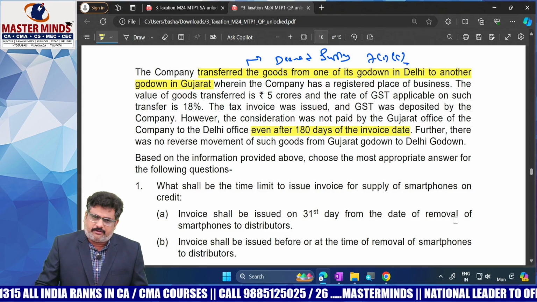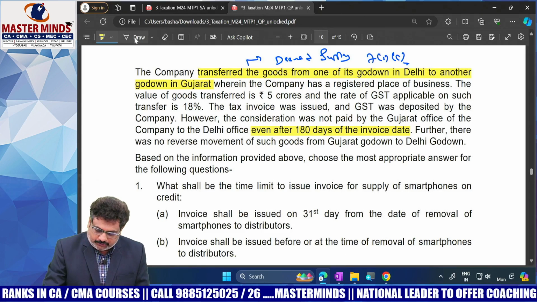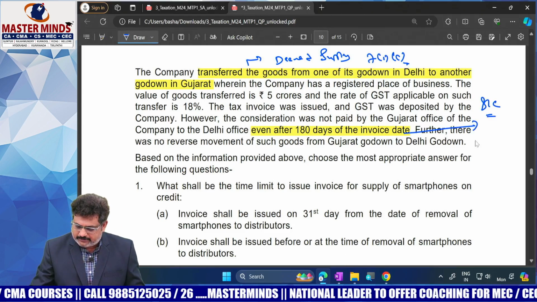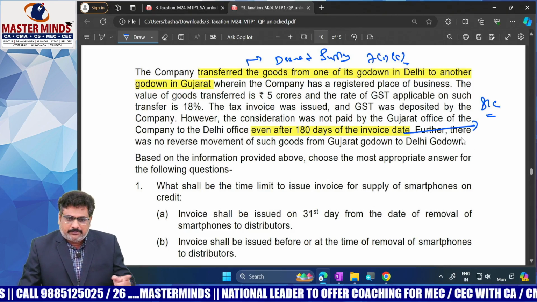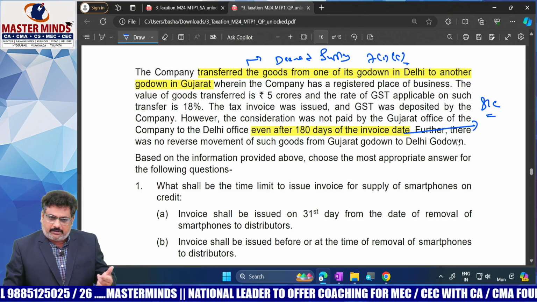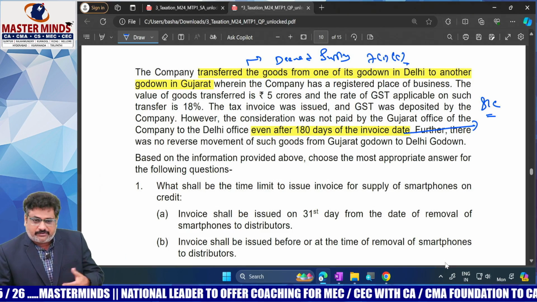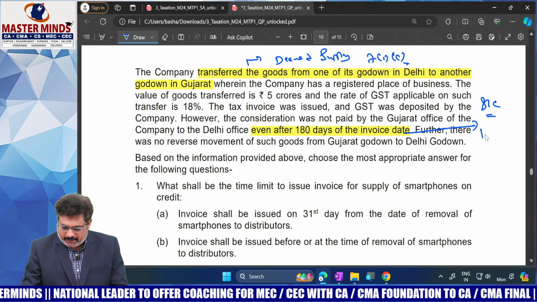Further, there is no reverse movement of such goods from the Gujarat godown to the Delhi godown. That means which topic is this again? This topic comes from the ITC chapter. From the date of invoice, within 180 days you should make the payment to the seller. Otherwise, whatever ITC was previously claimed needs to be reversed based on that particular topic. Okay, 180 days rule.